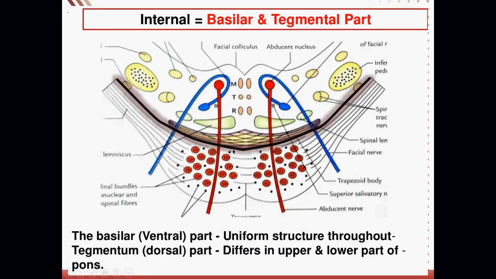Pons is divided into the anterior basilar part or ventral basilar part and the dorsal tegmental part. The ventral basilar part contains longitudinal fibers, that is the corticopontine, corticonuclear and corticospinal fibers.